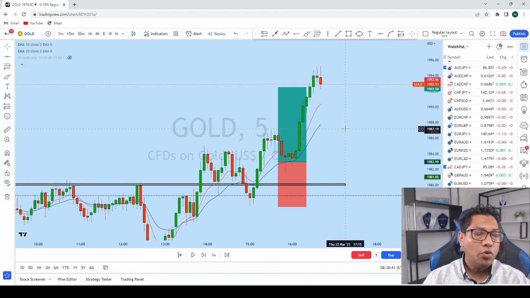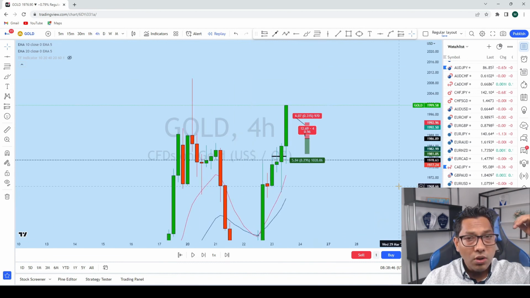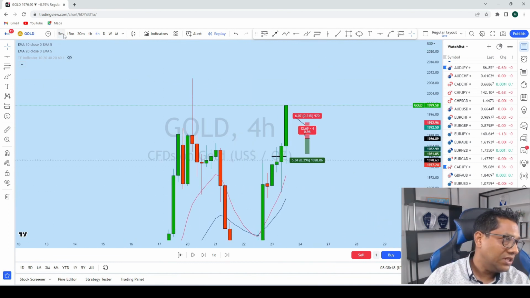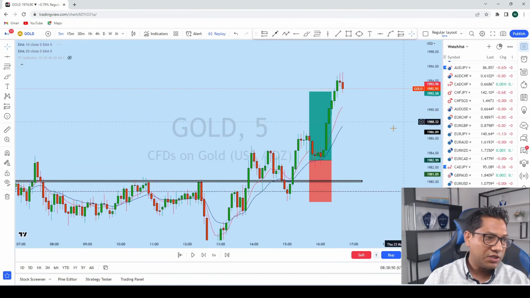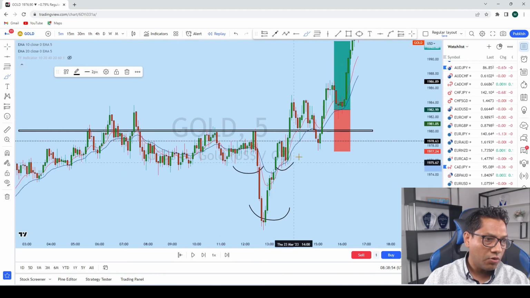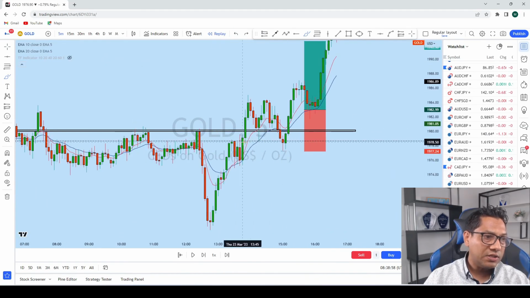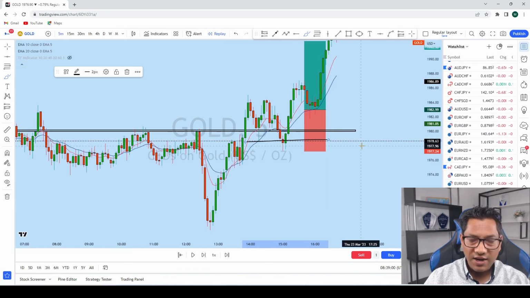Now if you look at the 4 hour time frame, all this movement, all these details, firstly the inverted head and shoulder, you can't see that on the 4 hour, and you can't see this local market breakdown.